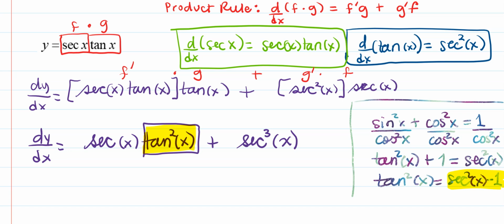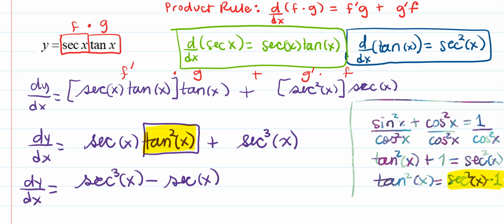So when we look back, dy dx will equal, if you take secant square times secant, you'll get secant to the third of x minus secant of x plus secant to the third of x, and that gives you two of those, right?